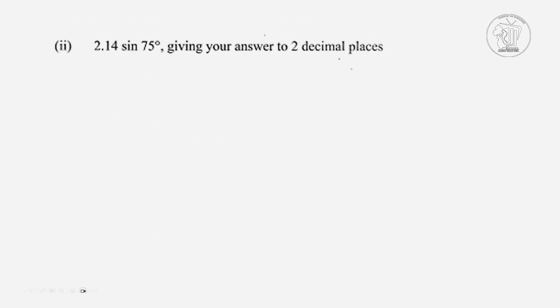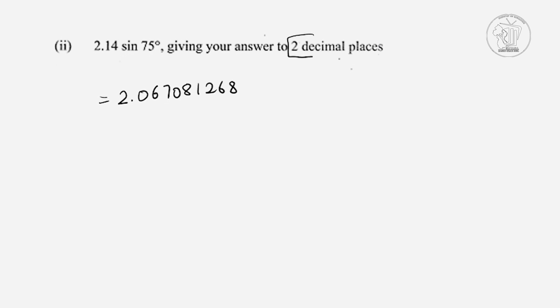So let's move on. The question says, 2.14 sine 75 degrees, giving your answer correct to 2 decimal places. Of course, we'll have to use a calculator. So what we will do, type it as it is. So 2.14, and we press sine 75, and our answer would be 2.067081268.